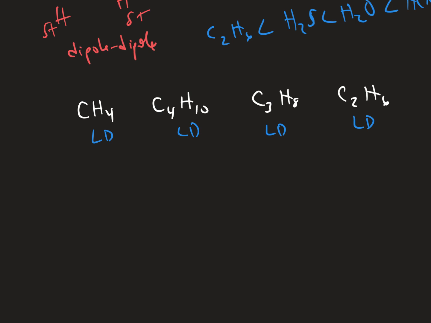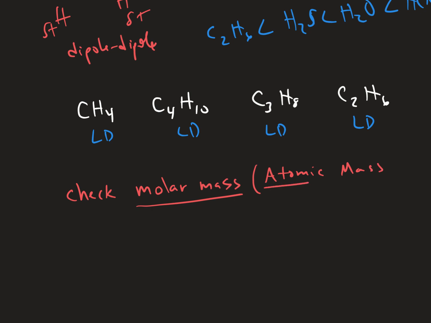So what we do next, if they all have the same intermolecular force, we check what we call molar mass. We didn't learn this yet. We can call that atomic mass, but it's not an atom.